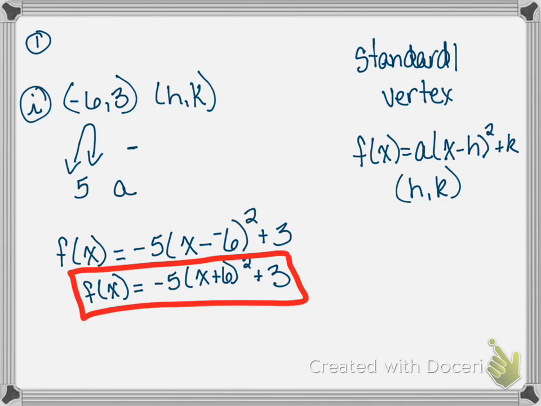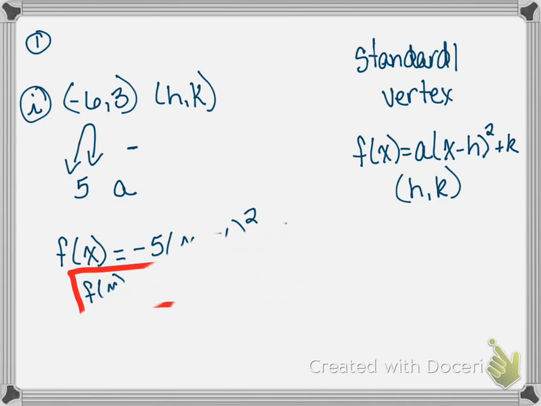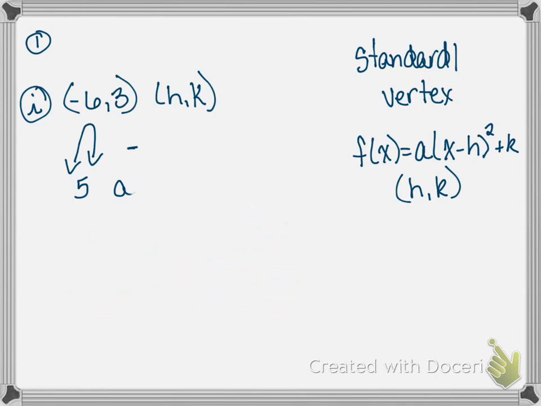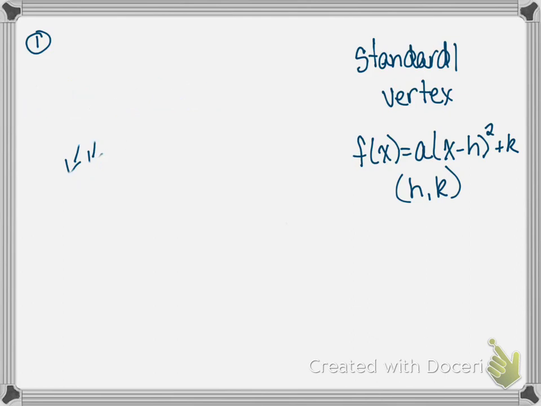Okay, now I'm going to go to number 1, part 2. So I'm going to erase this so that we can go back and look at it. Our vertex for this one is 5, -2.